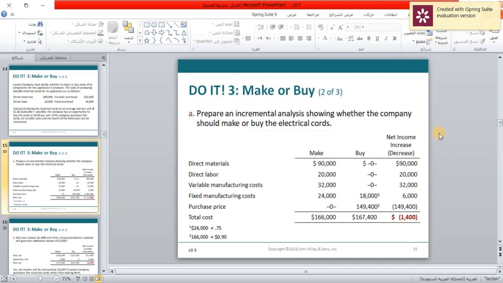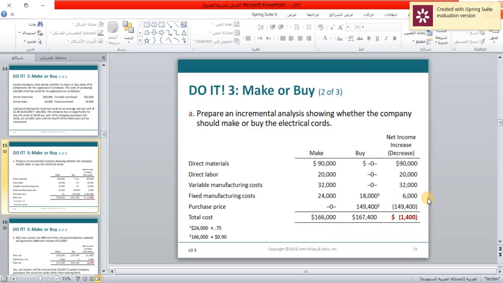So the decision will be to make the product internally. Making the product internally is better. Also, we see the total cost per unit is $1, higher than the outside price, which is 90 cents.